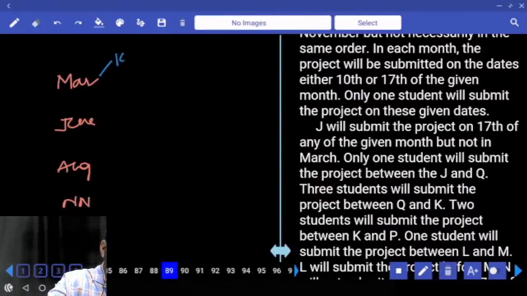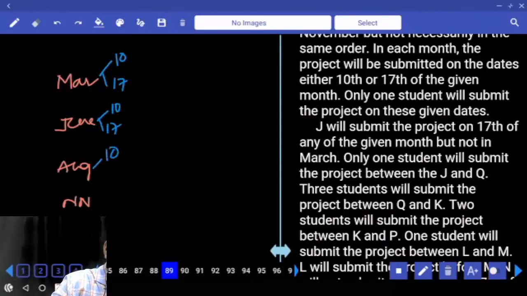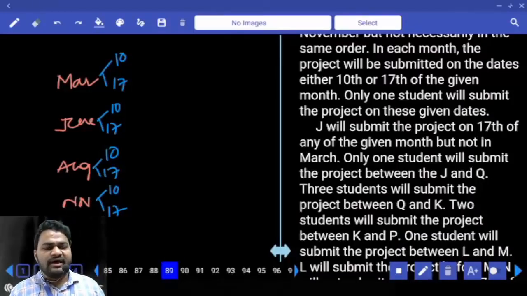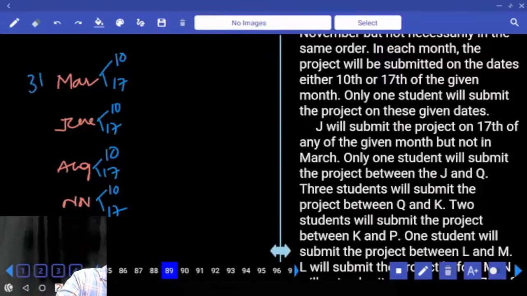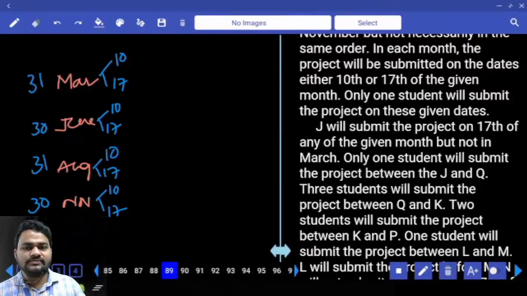March 10th, March 17, June 10, June 17, August 10, August 17, November 10, November 17. When I go for number of days, usually March gets 31, June 30, August 31. In November you will be getting only 30 days.